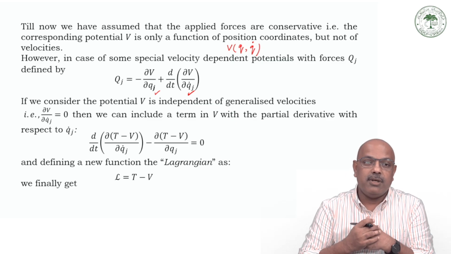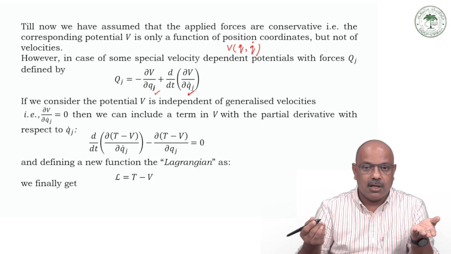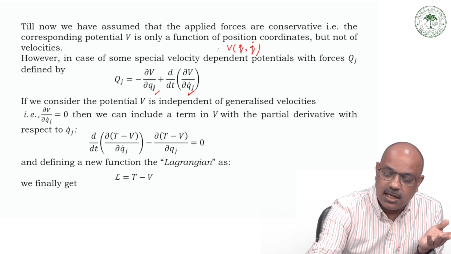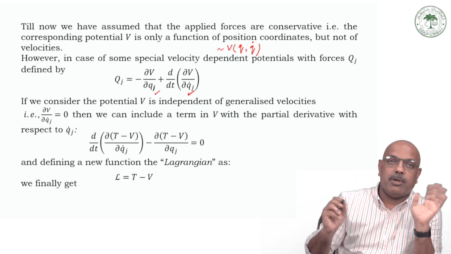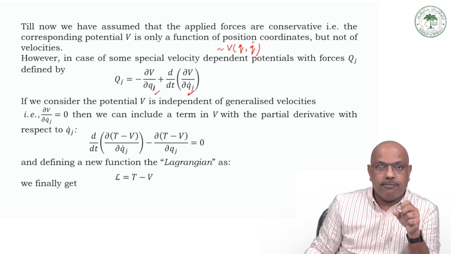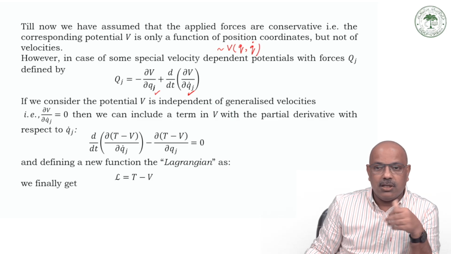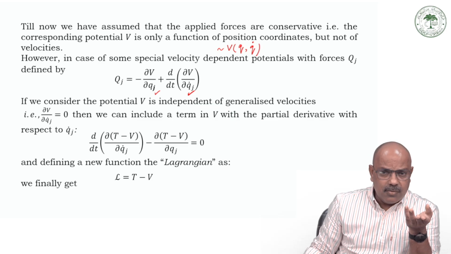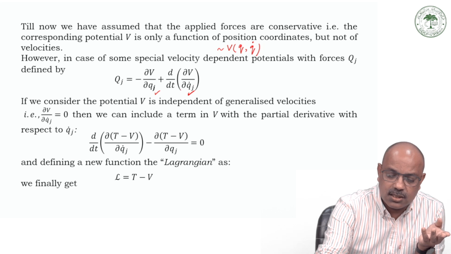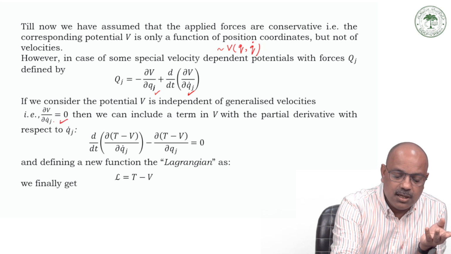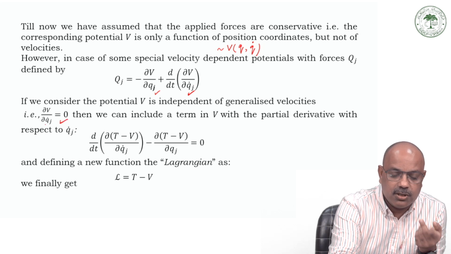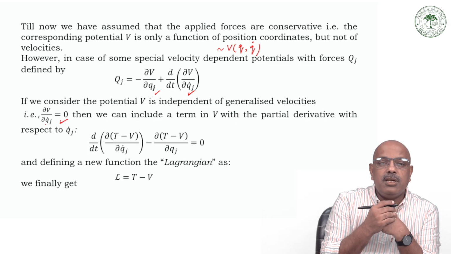Now if we consider the potential V independent of the generalized velocity, only depending upon the generalized position, then the partial derivative of the potential with respect to the generalized velocity is going to be zero.